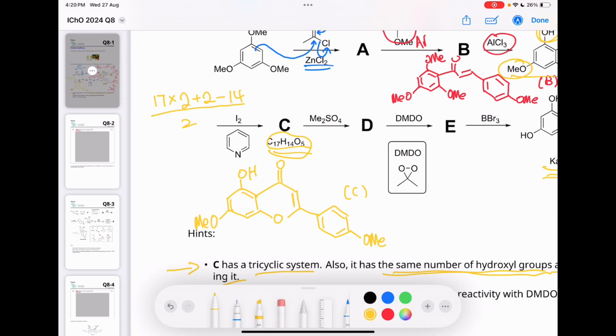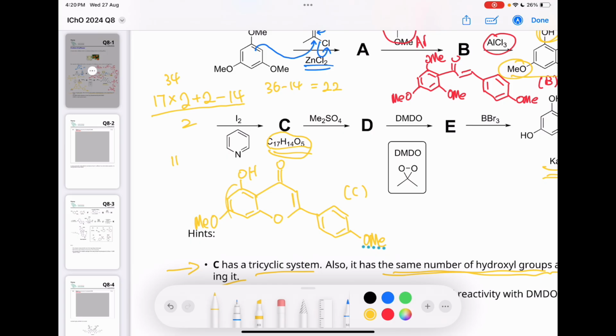So 17 times 2 is 34, plus 2 is 36. 36 minus 14 is 22. And 22 divided by 2 is 11. So the total number of double bonds as well as rings should be 11.